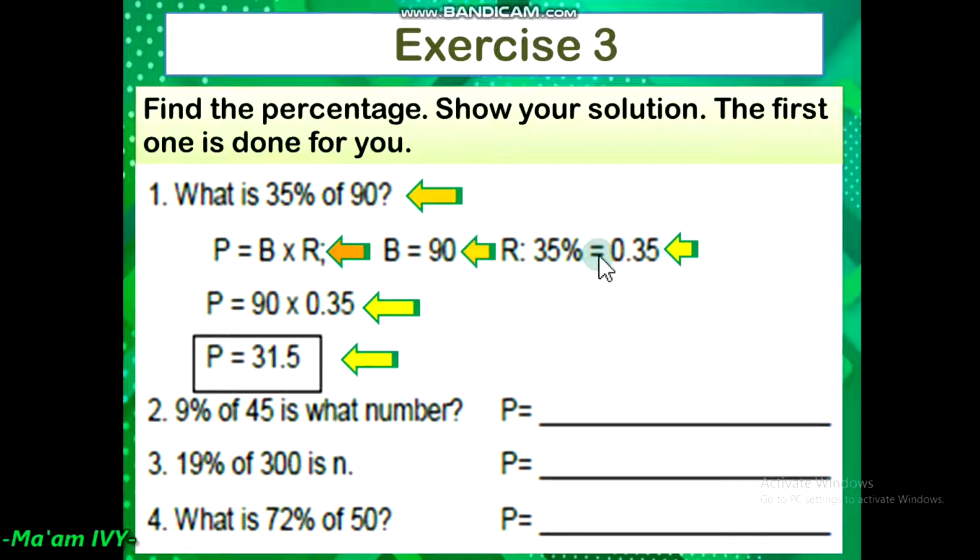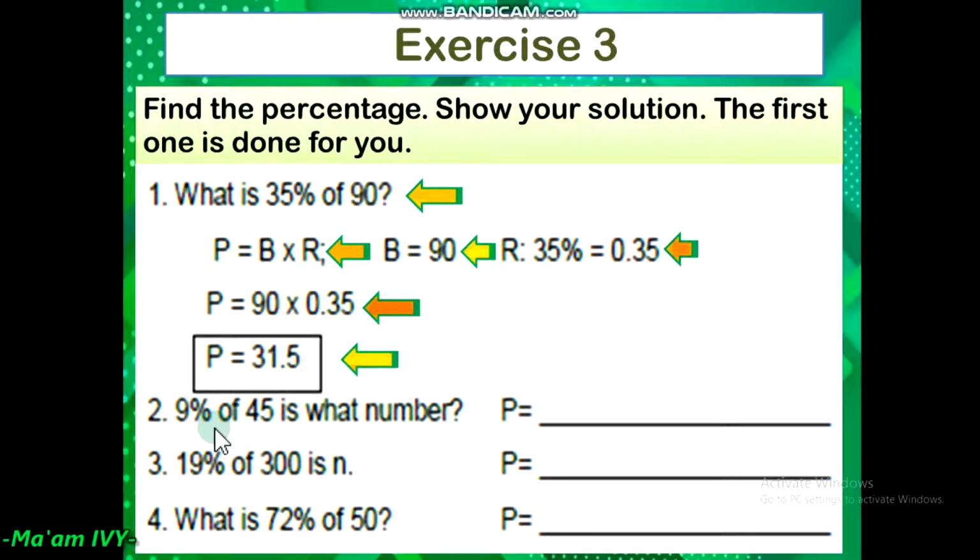Base is 90 and rate is 35%, which is expressed as decimal 0.35 or 35 hundredths. Next, substitute the values in the formula. P equals 90 times 0.35, and after multiplying, you will get the answer 31.5. That is how to solve your exercise 3.